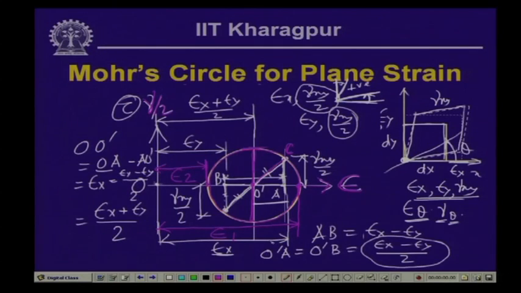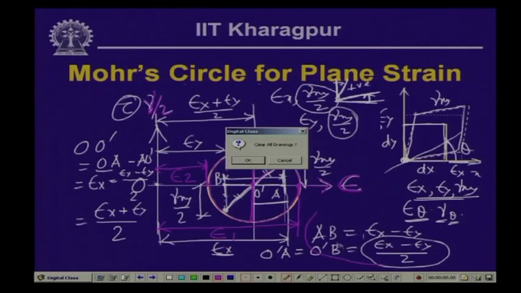So, if we know epsilon x, epsilon y and gamma x y, then we can compute the value of epsilon 1, the value of epsilon 2 and the shearing strain.